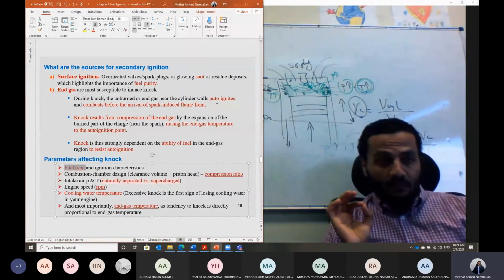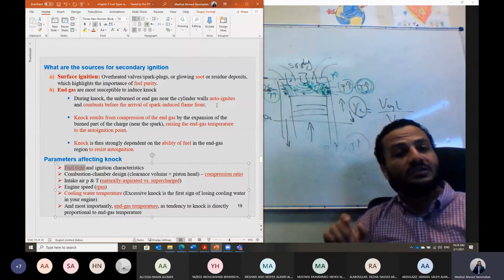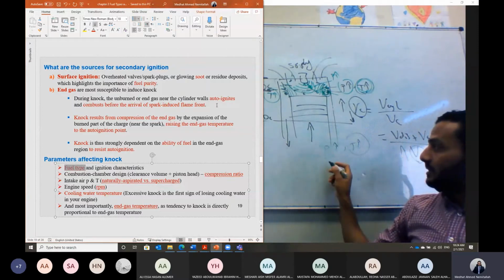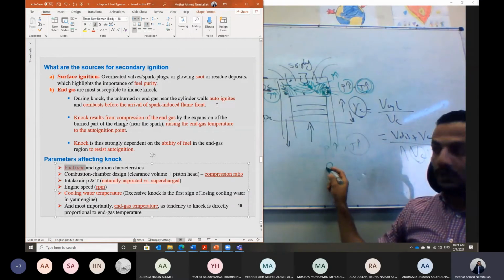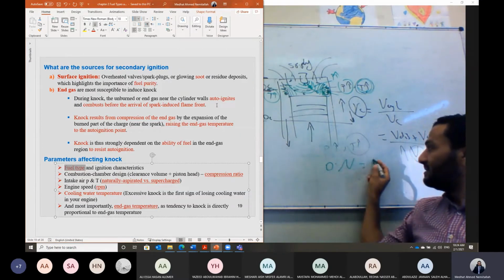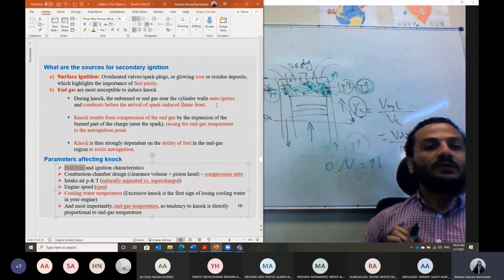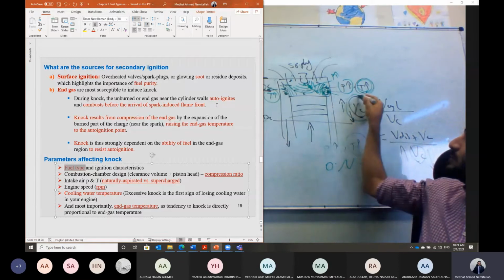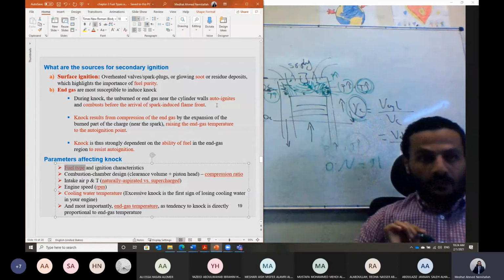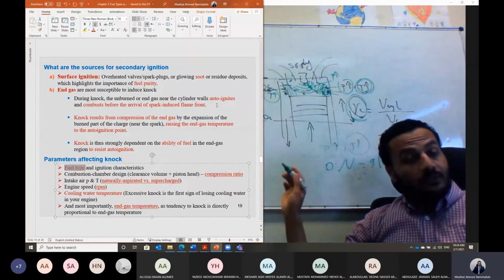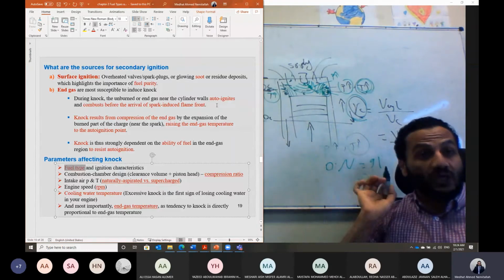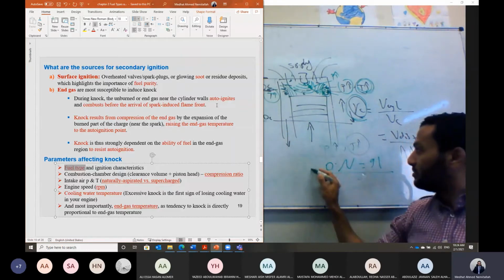And that's why the car manufacturer will give you a car and say this car should work with a fuel of octane number, let's say, not less than 91, at this compression ratio based on the design of the engine. So the engine is already designed not to have engine knocking. If you have engine knock, this is related to what?